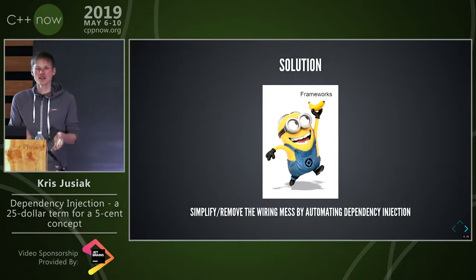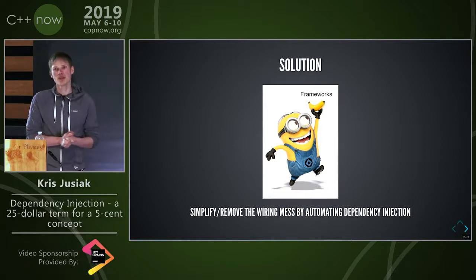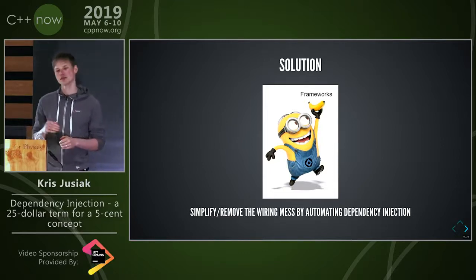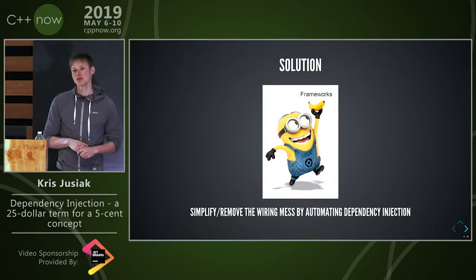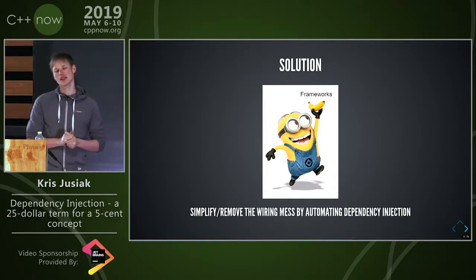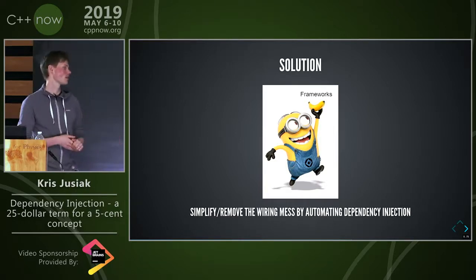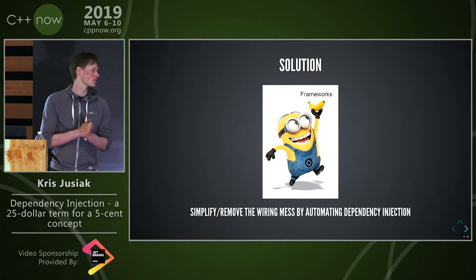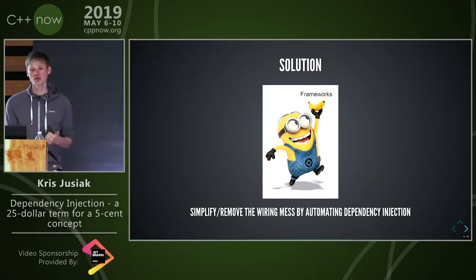In small applications, it's probably even easier sometimes, but at large scale, thousands of classes or even hundreds, it may become difficult at some point. So the idea is that if you have a good framework which can remove the wiring mess for us, that will be better.